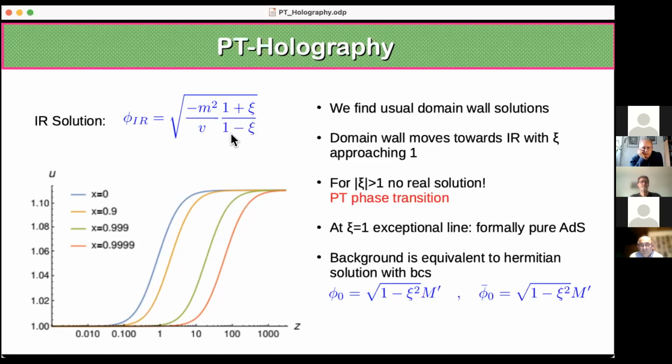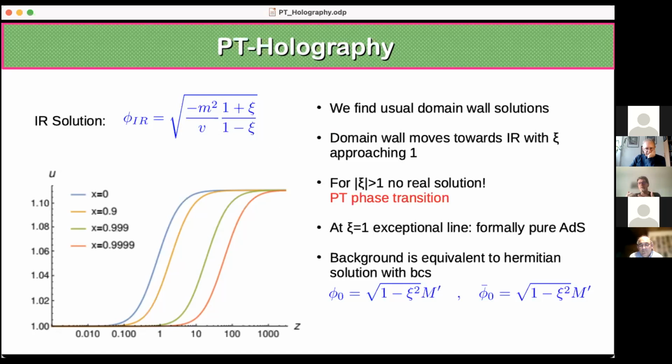And there you see that everything's okay. It's a real value as long as psi is smaller than 1 and bigger than minus 1, right? But if it's outside this region, then it becomes complex. And this complexity actually translates back into the full solution, so you cannot solve anything anymore. You don't find a real metric.